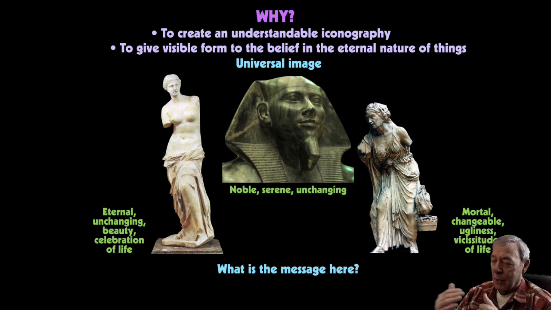Now, if you remember back to our first lecture, for the Egyptian, what status did the pharaoh hold? Well, he's not just an ordinary man. He was God on earth, right? So you're not going to represent him like the old woman there, right?